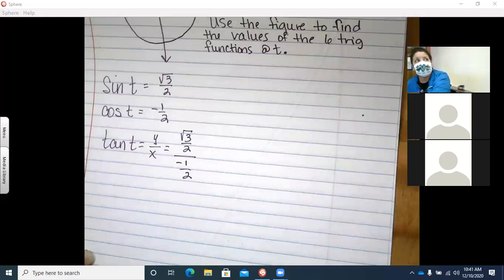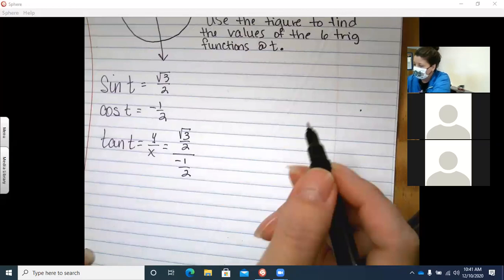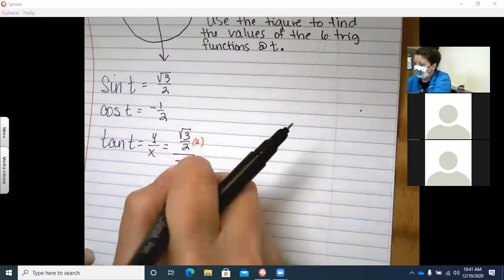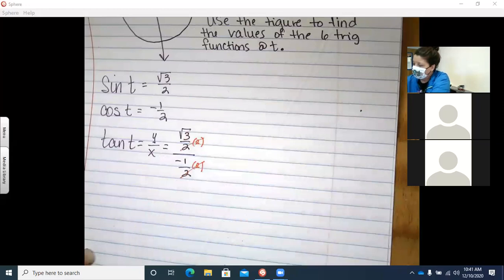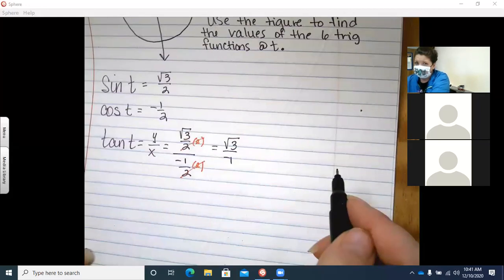Or we can multiply the numerator of the big fraction and the denominator of the big fraction by the least common denominator, which would be what? 2. So those 2's will cancel, and we will be left with the square root of 3 over negative 1. And do you ever leave a negative in the denominator?